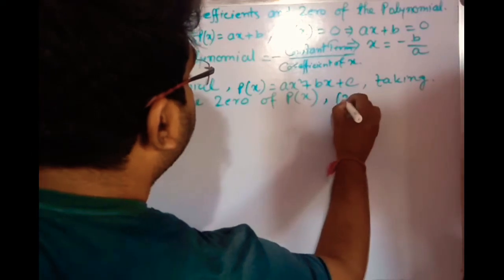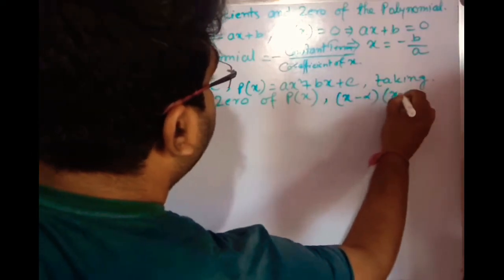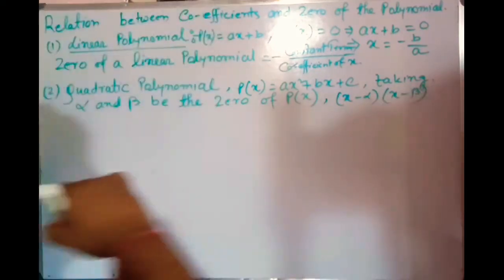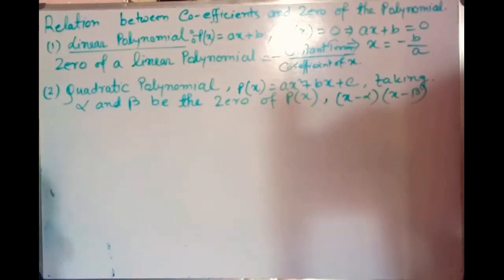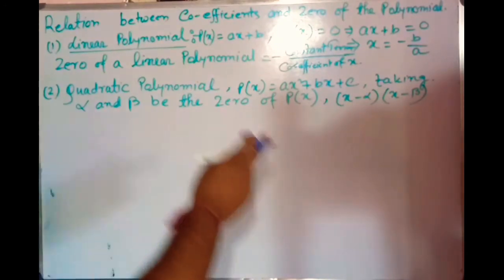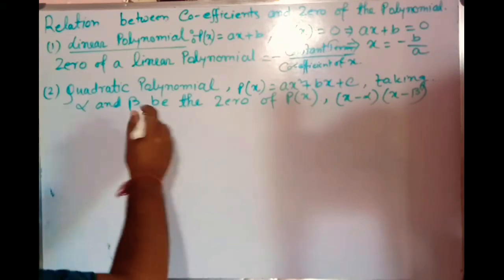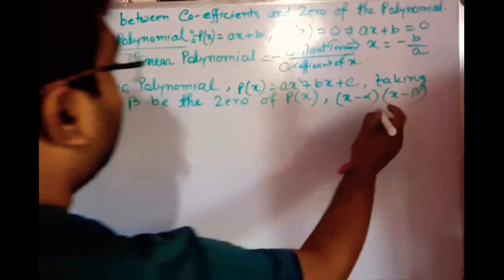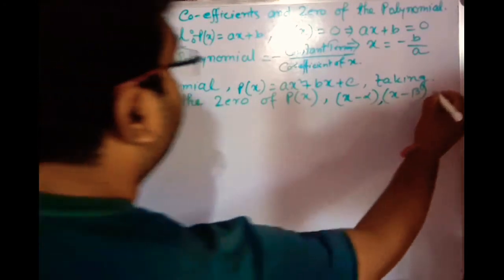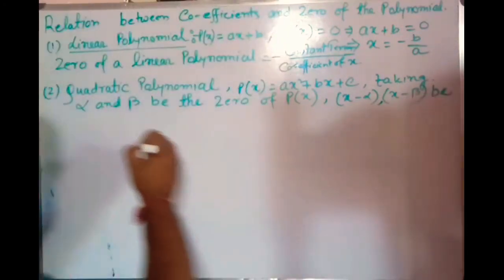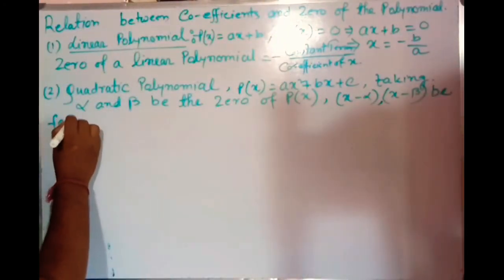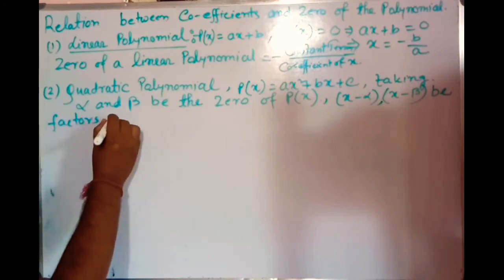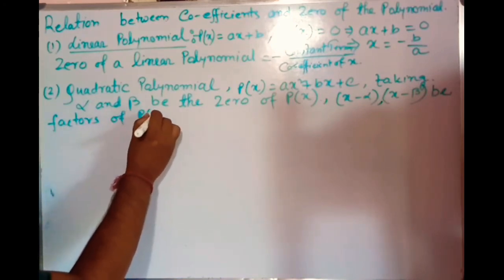Definitely x minus alpha and x minus beta will be the factors of p(x).